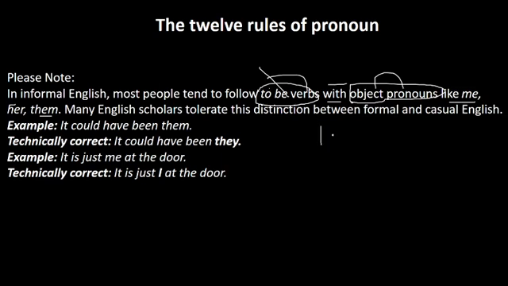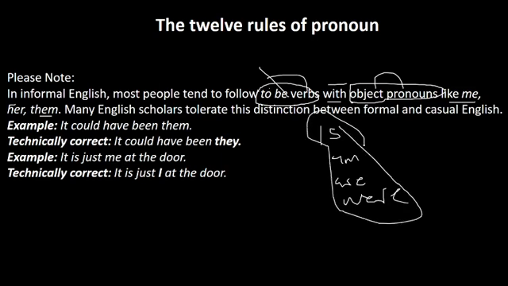Examples of be verbs are is, was, were, among. When you are to use a pronoun after these be verbs, use be verb plus subject case of the pronoun.